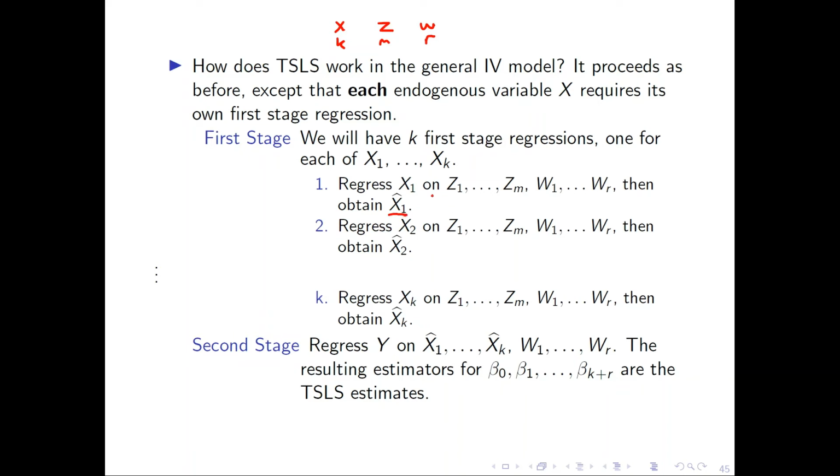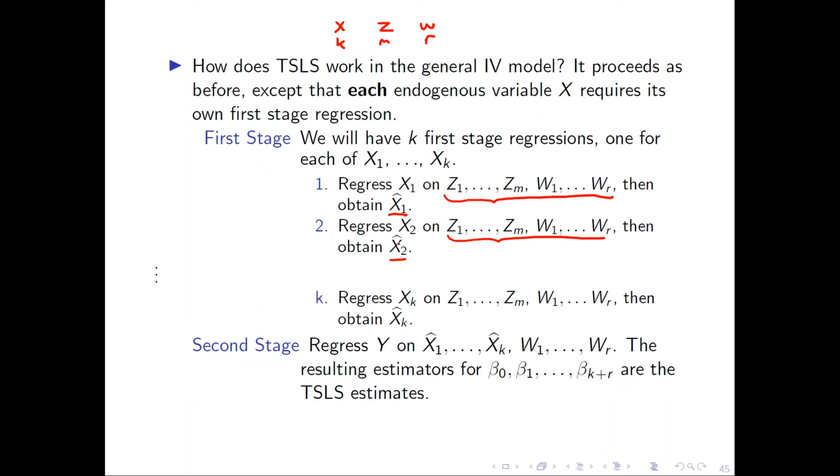We regress each and every endogenous variable on the instrumental variables and the control or exogenous variables, using them for explaining each endogenous x variable to obtain the exogenous part of the variation in the endogenous variable.